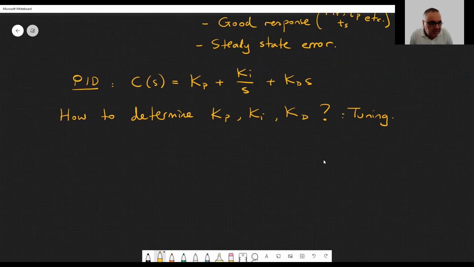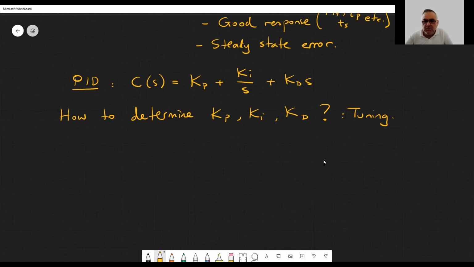For example, for a temperature control system, you will have certain parameter values. For some other pressure control system, you will have another set. For a velocity control system, you'll have another one. So you have to determine them depending on the system.